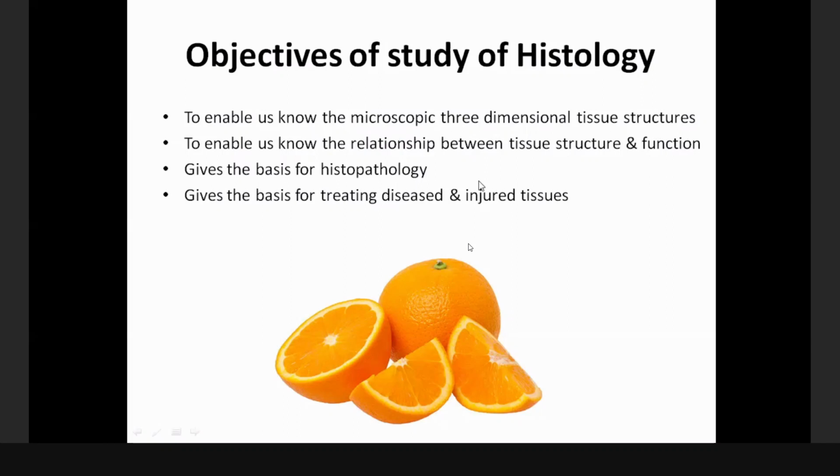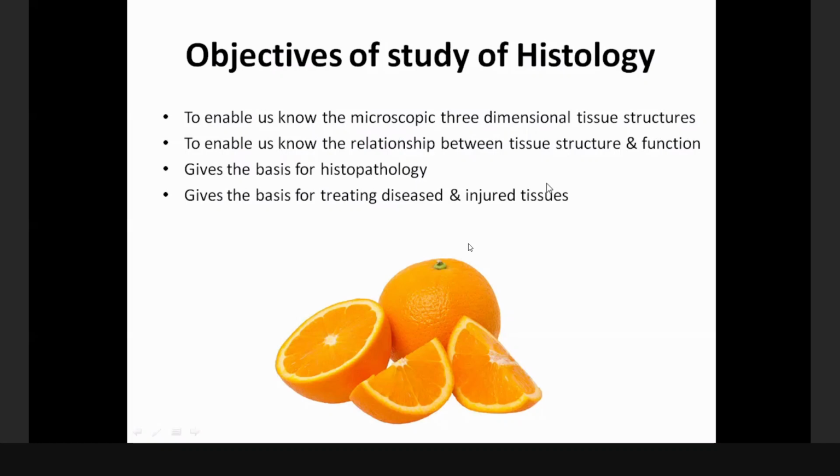So the second objective of studying histology is to enable us understand the relationship between tissue structure and the function. The histology, therefore, is a base for understanding physiology. It's also important to enable us know the base for disease, for histopathology.